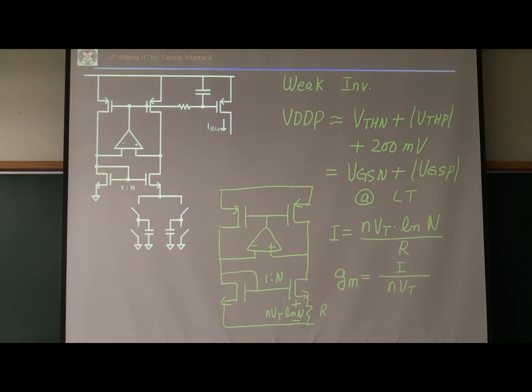Then it's easy. This is log N of R. If I substitute this R, this is FCLK C times log N. So again, it depends on the clock frequency and C and log N. So my GM is very predictable.